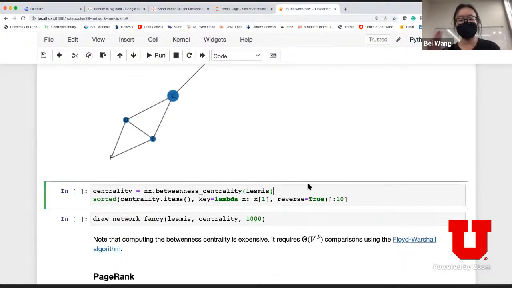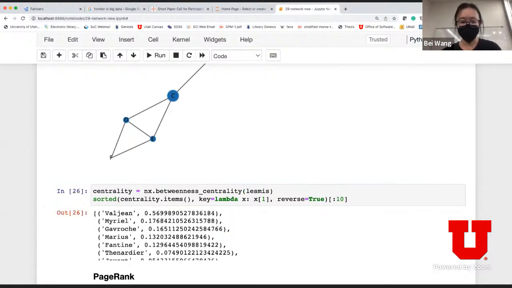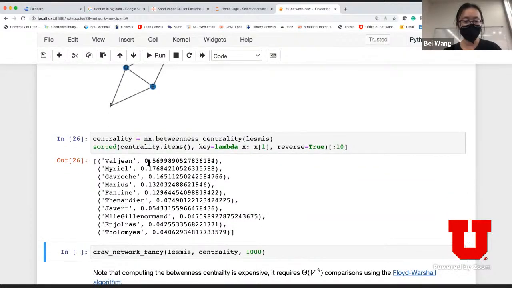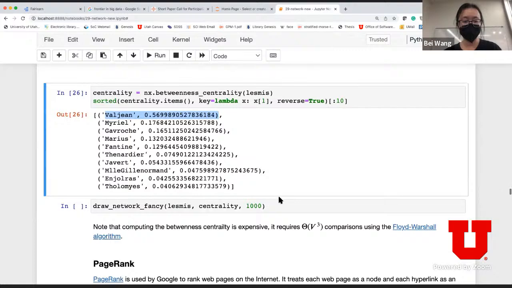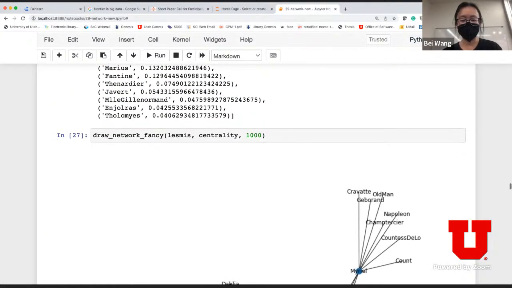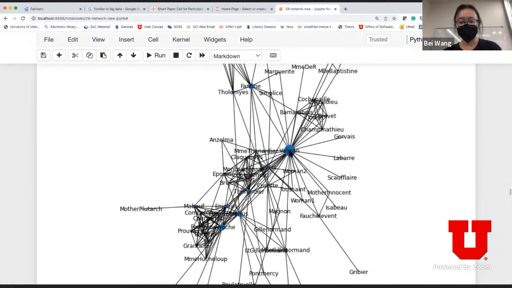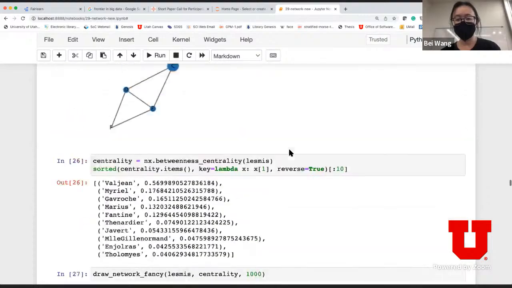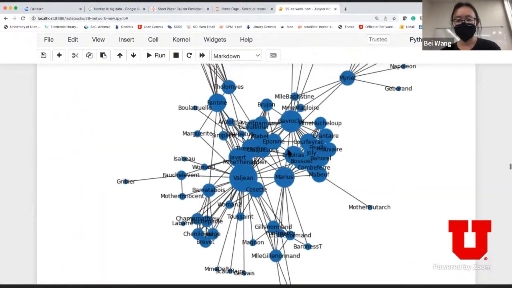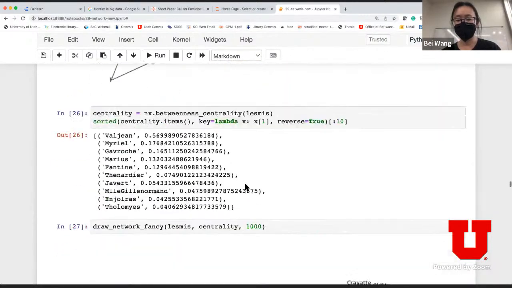So now let's plot the betweenness centrality for the Hugo novel as well. Again, the one that has the highest degree also happens to have the highest betweenness centrality. I'm going to visualize it, and you see that this one has the largest node. It happens to have the highest degree, but it also has the highest centrality.